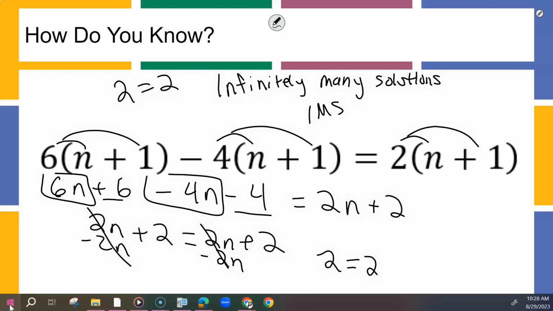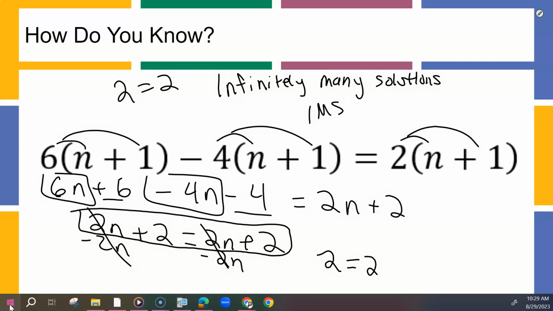Something that tells us at this point this is going to be infinitely many solutions. Isn't it when it's the same thing on both sides? So if you see that it's the same thing on both sides, you could stop there and say it's infinitely many. So those are 2 reasons how we could know for a fact this is infinitely many solutions.